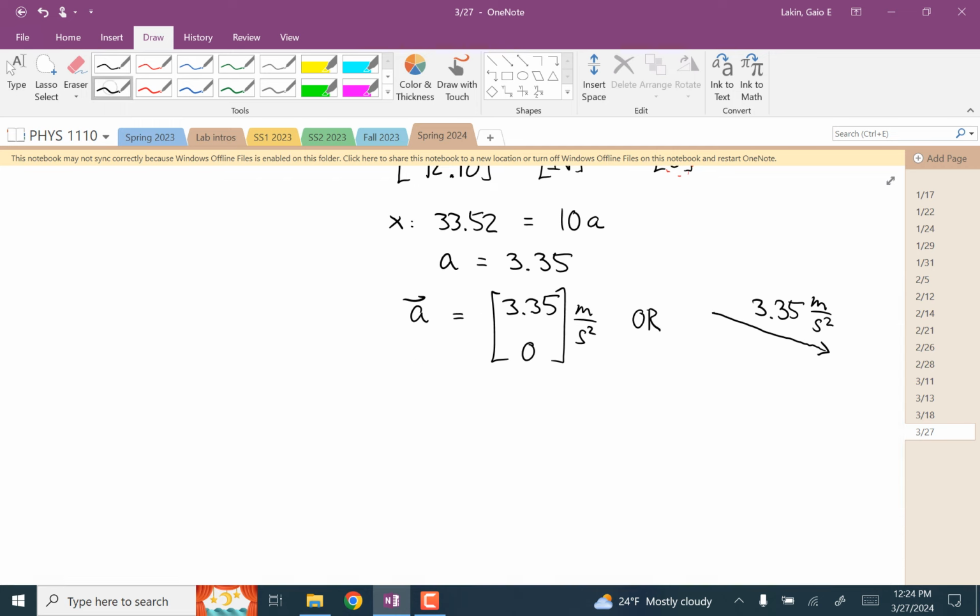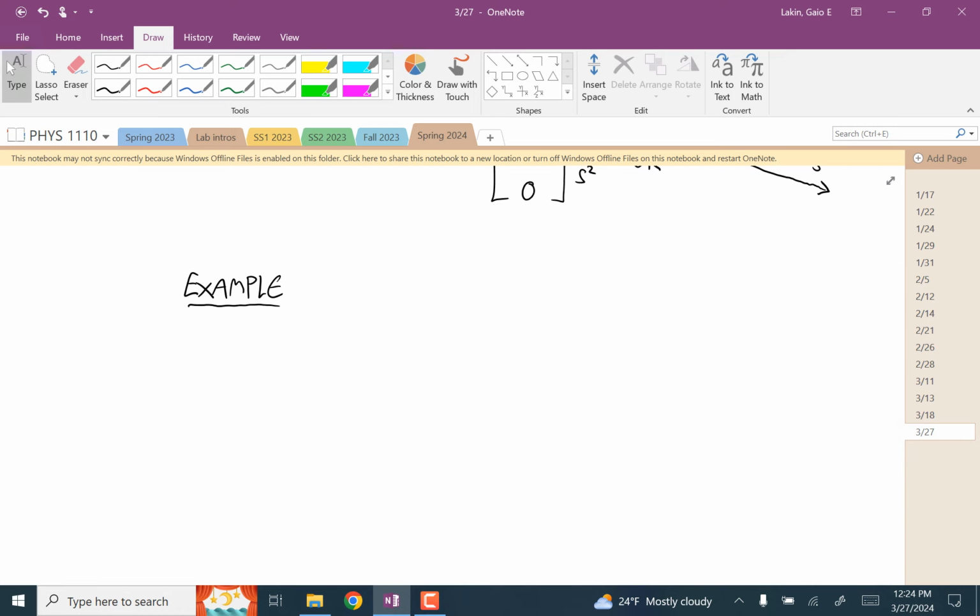Okay, let's do one with friction. So let's say that the ramp is going this way, and this angle is 30 degrees. And let's say this time it's a block sliding on the incline. Let's say the mass is 2 kilograms.